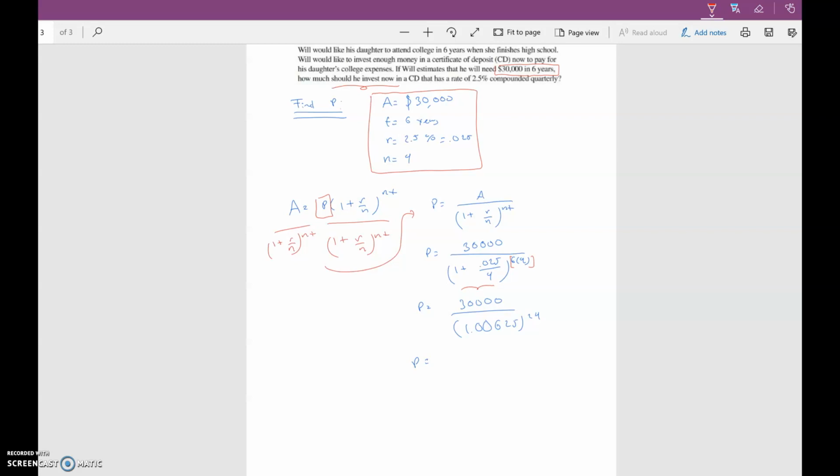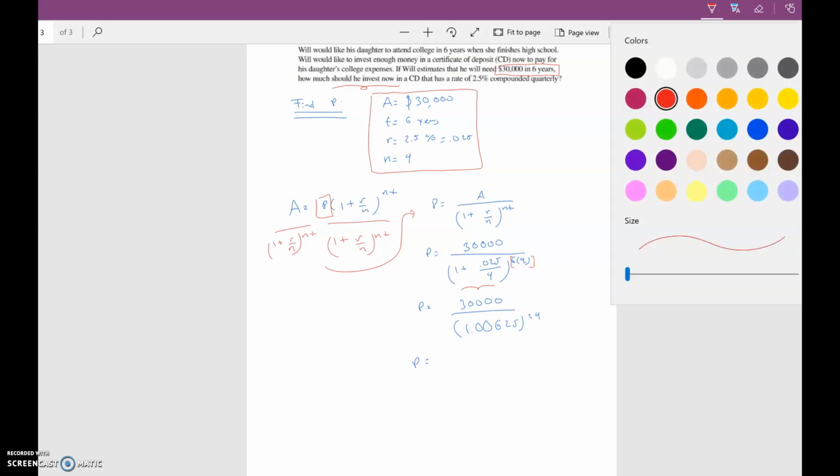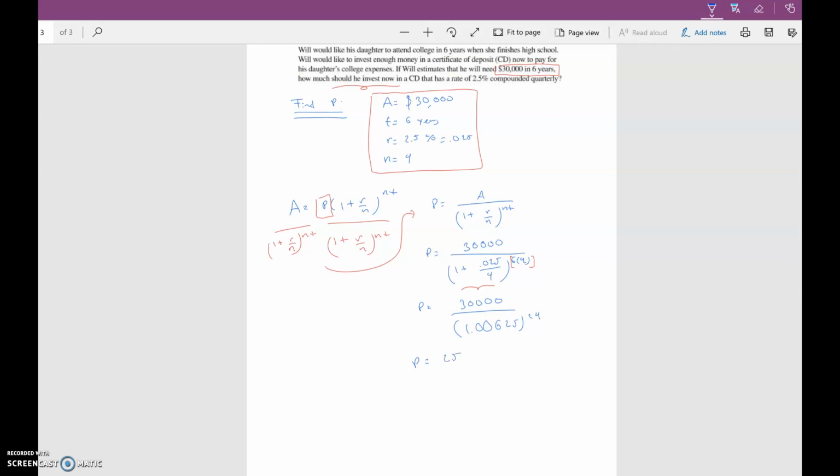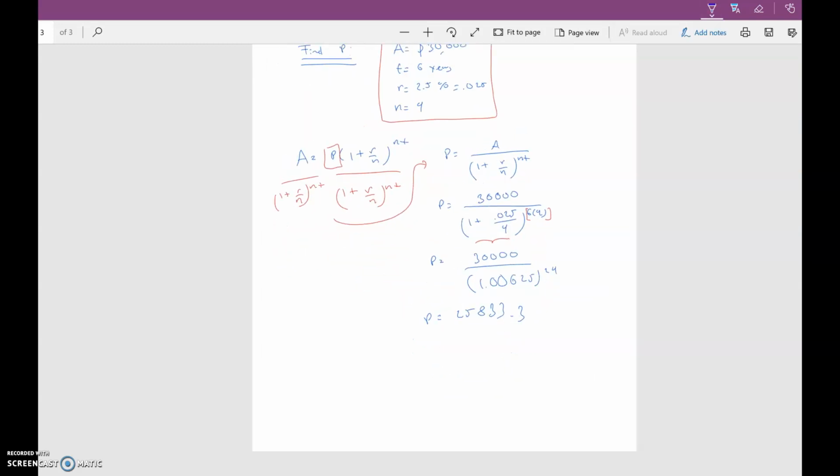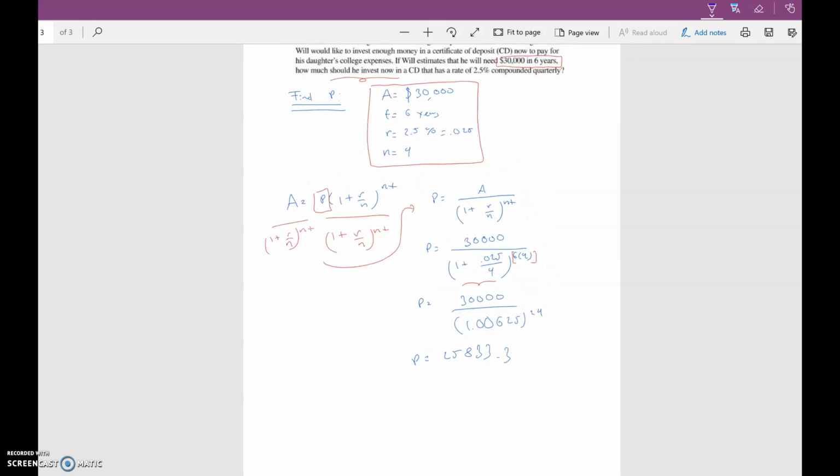I'm getting that this is 25,833.3. So our final answer is just going to say that the total investment should be 25,833.3.